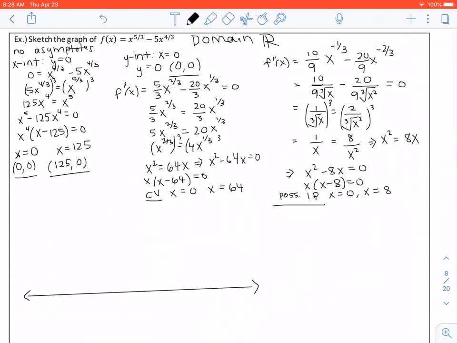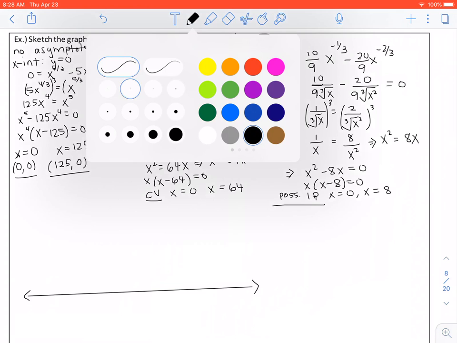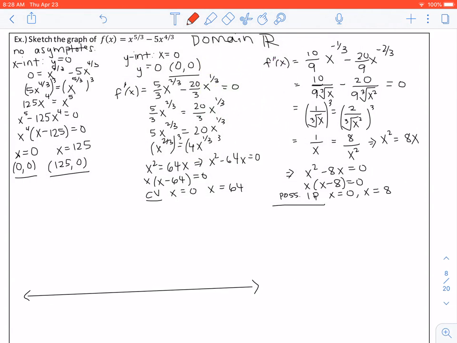So my critical values that we had are at 0 and 64, and our possible inflection points were at 0 and at 8. And so we have 0, 8, and 64.